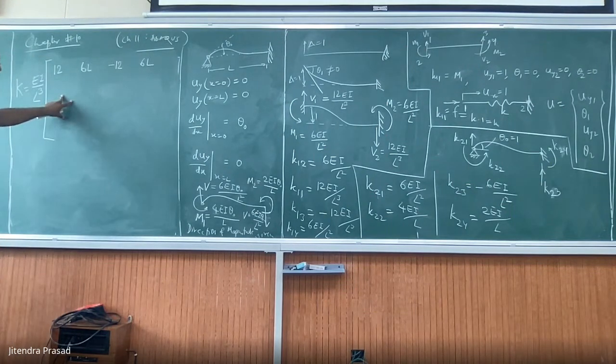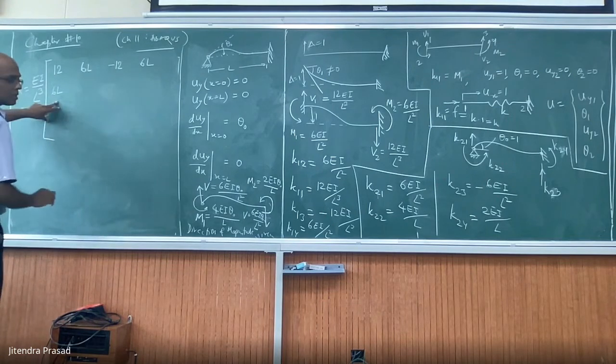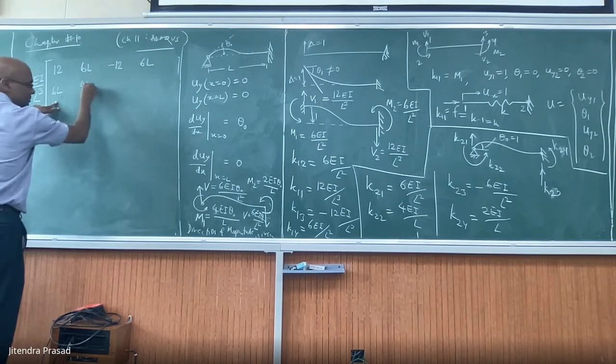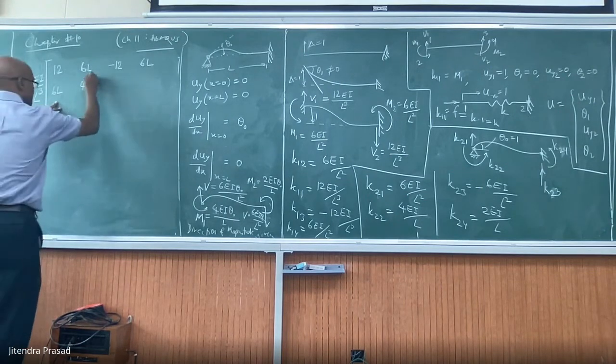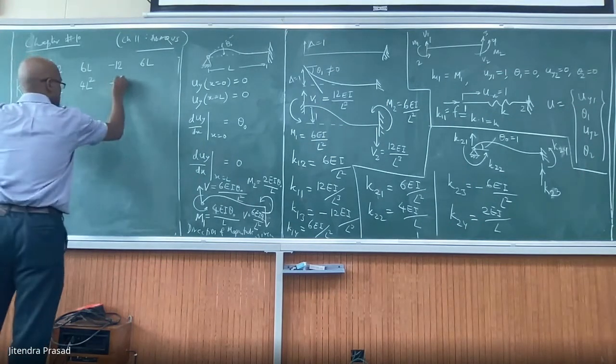Fine. Then we have 2, 1, 6L. And then 2, 2 is 4L square. Okay. Minus 6L.